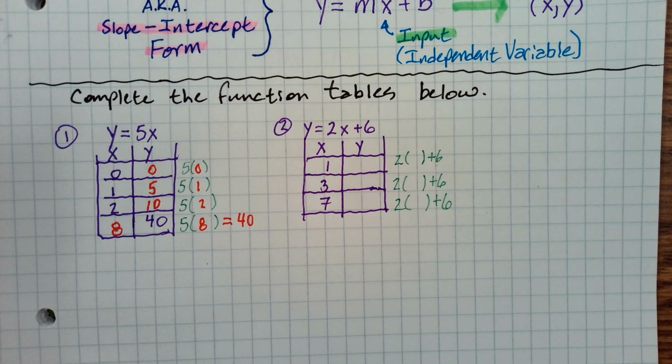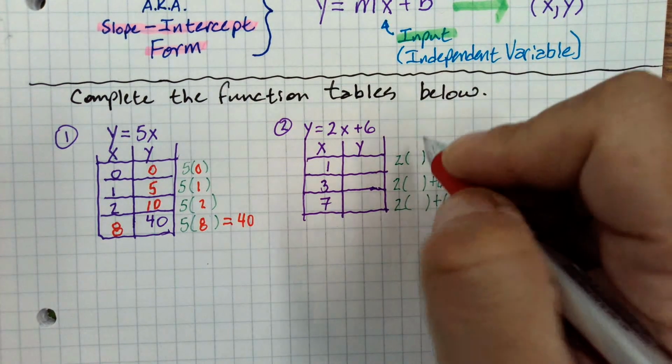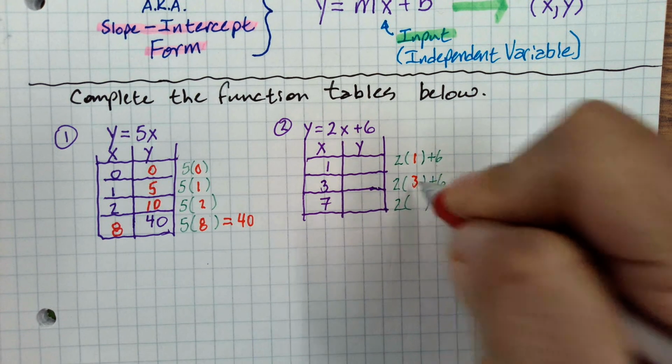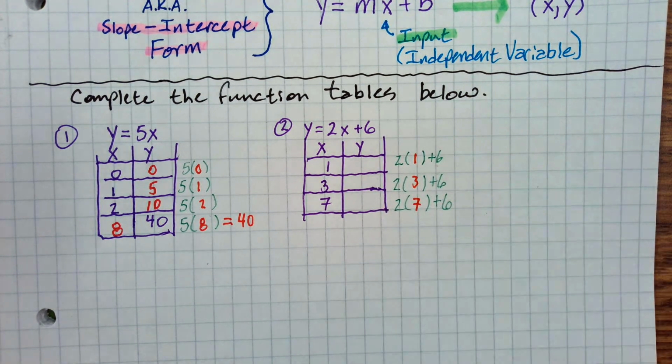So let's put in the numbers we picked. We picked 1, 3, and 7. Okay?